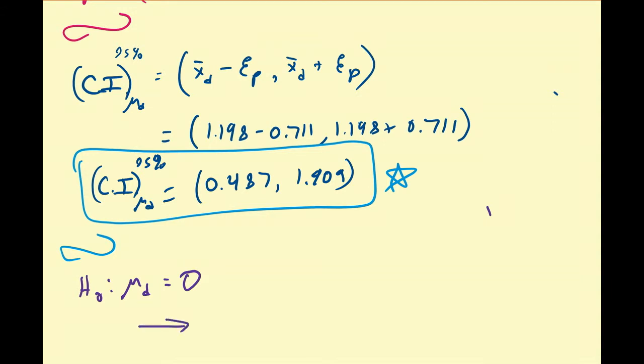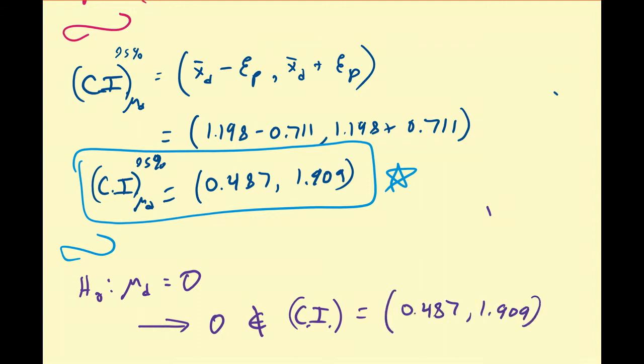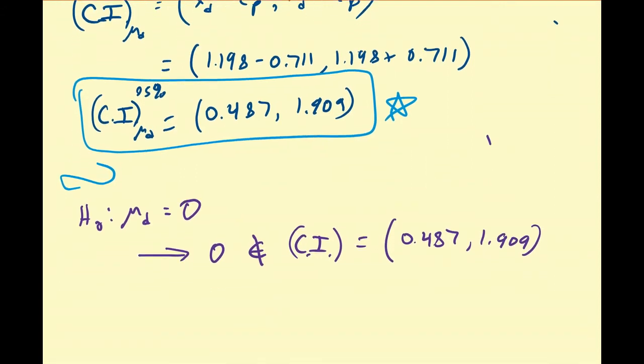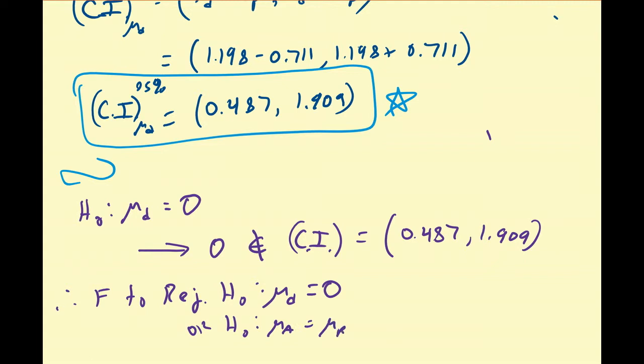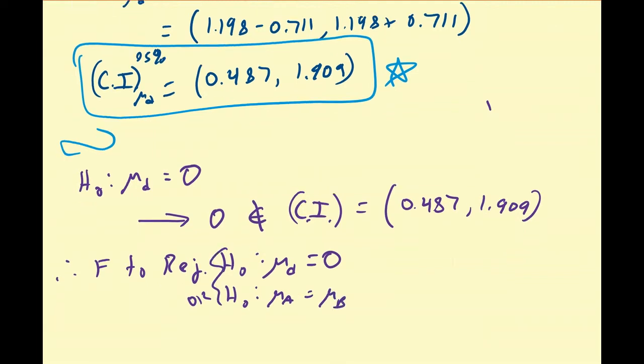So since the null hypothesis value 0 is not in between 0.487 and 1.909, that implies that our sample does not agree with the null hypothesis. Therefore, we're going to reject the null hypothesis that the difference between them is 0. Or we reject the null hypothesis that mu A is the same as mu B. They're the same exact thing.